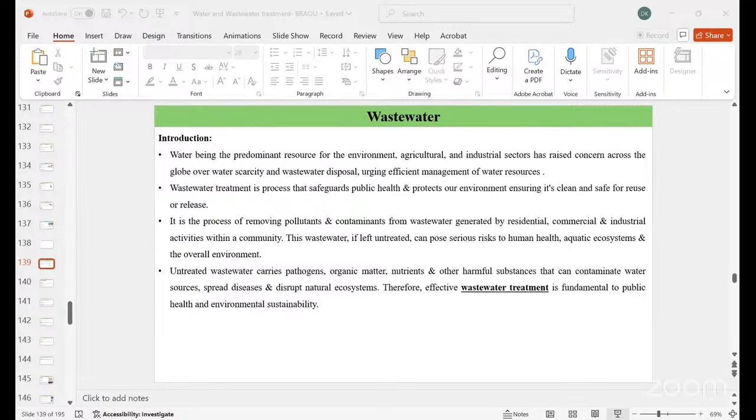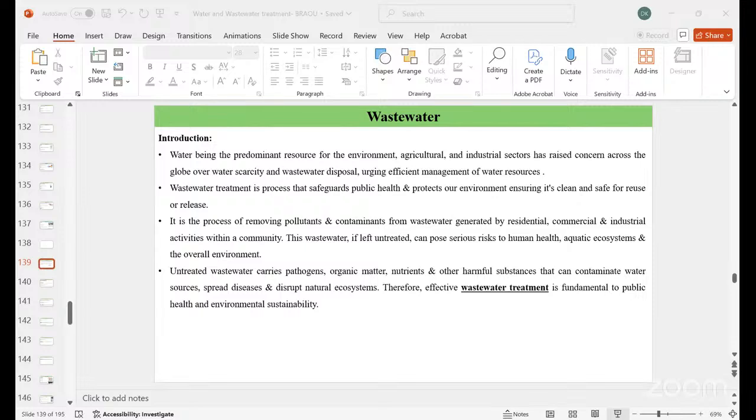and primary sedimentation. In this primary treatment, there are sedimentation tanks where wastewater is held for a few hours, allowing heavy solids to settle at the bottom, with lighter materials such as oil and grease floating on the surface.